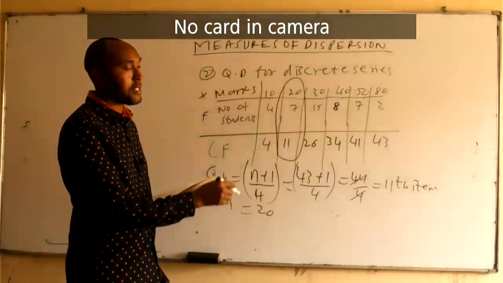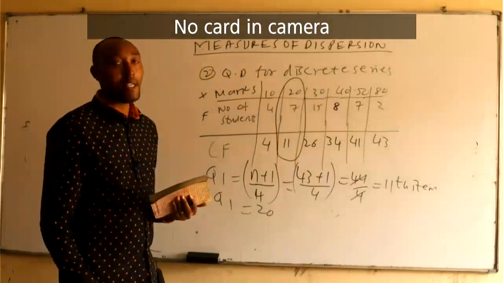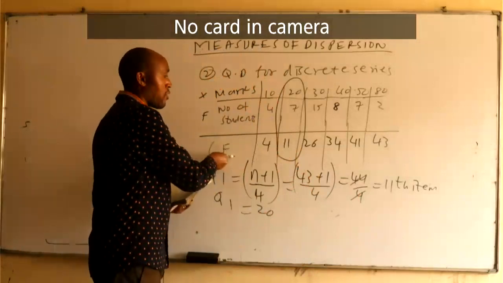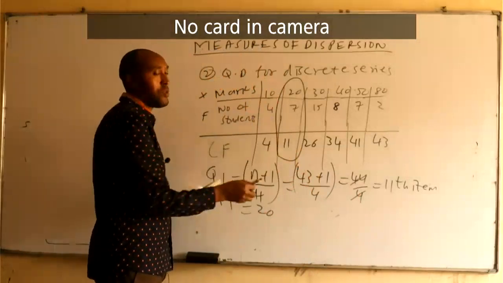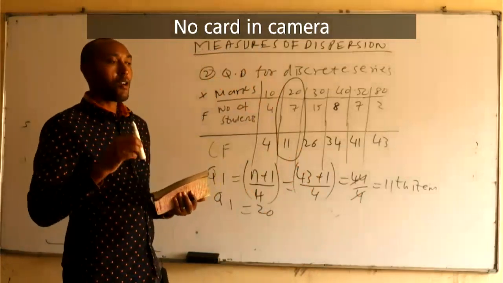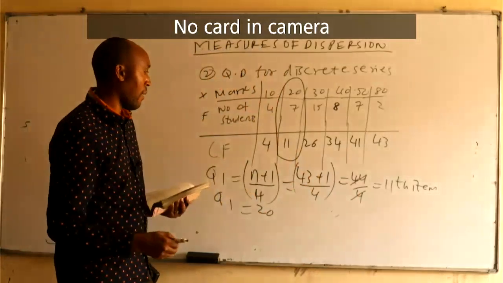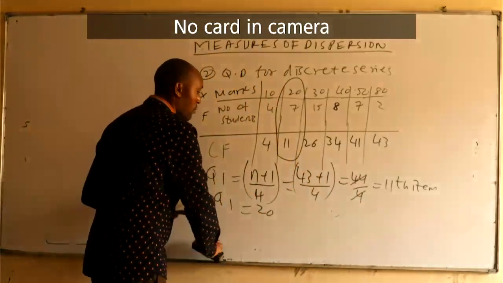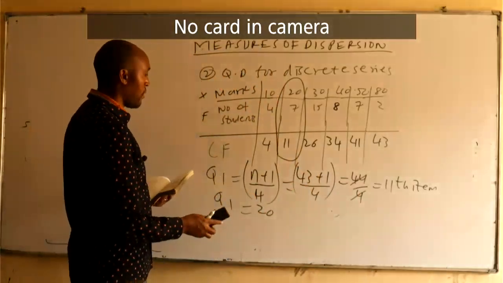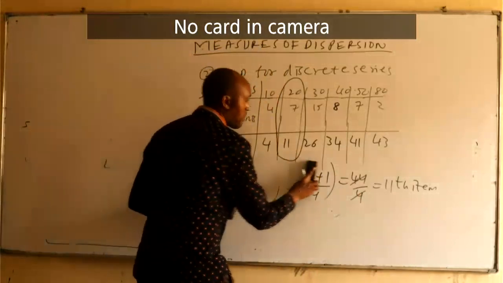So I look for this 11th item where it is. How do I get it? I look at the cumulative frequency, one number which is 11 or close to 11, and it shouldn't be below that number. So then now using the same information, let's do Q3.